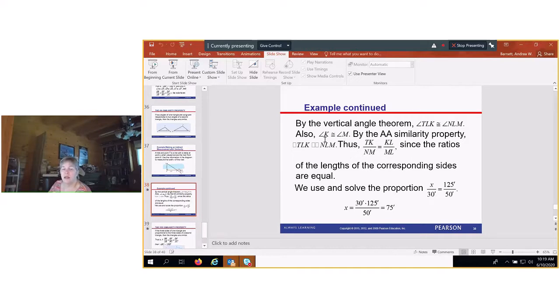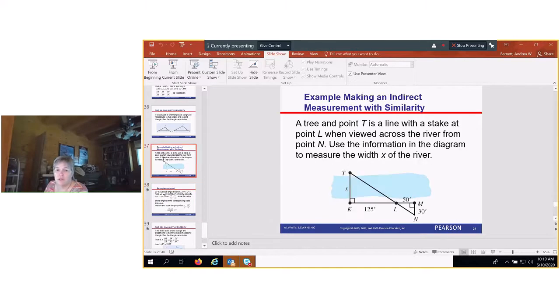So that means that angle K is congruent to angle M. And by the angle property, we can say that side TK over NM is congruent to KL over ML. So TK over NM is equal to KL over ML. And this actually means that they're proportionate to each other.